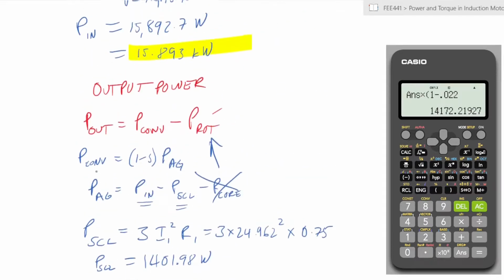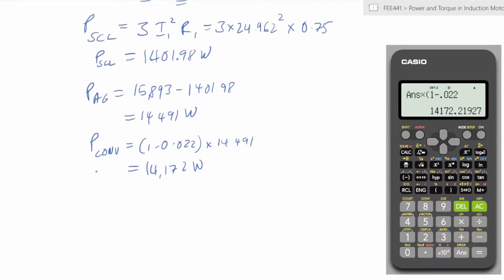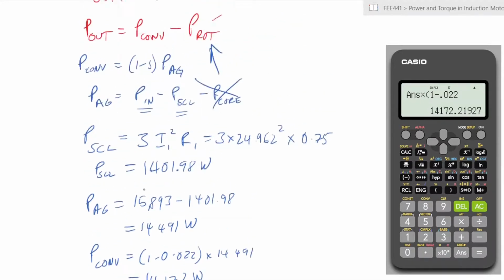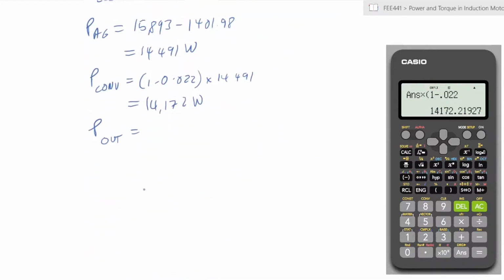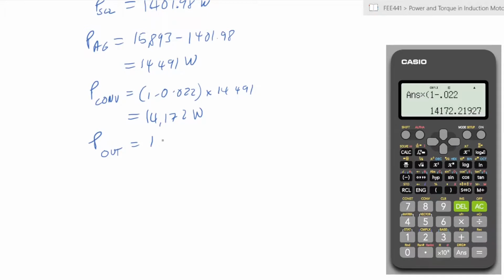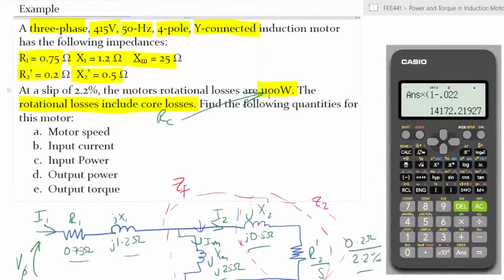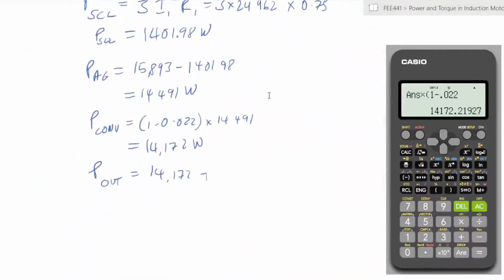And finally, we have reached the stage where we have calculated everything. The output power is equal to converted power minus rotational losses. So that's 14,172 minus the rotational losses, which were 1,100 watts.